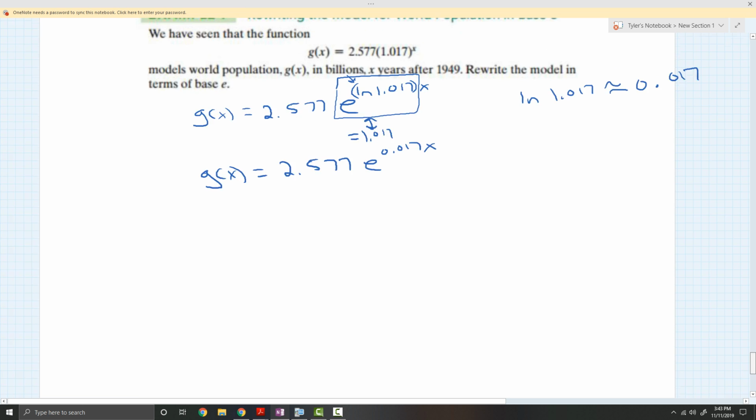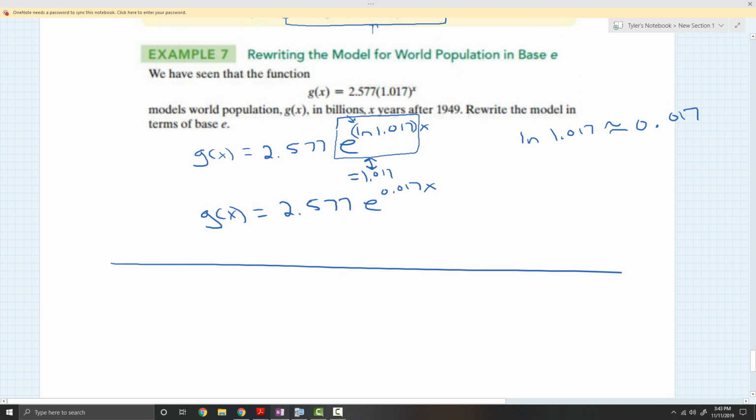So then as extra practice, why don't you try rewriting y equals 4 times 7.8 to the x in terms of base e, right? If you pause the video and try that one on your own, the answer you should get is y equals 4 times e raised to the natural log of 7.8 times x.